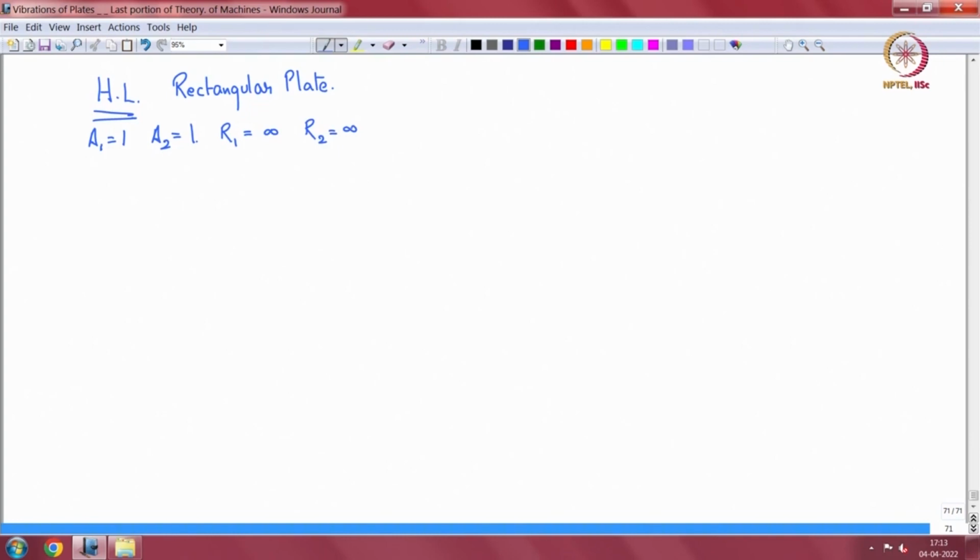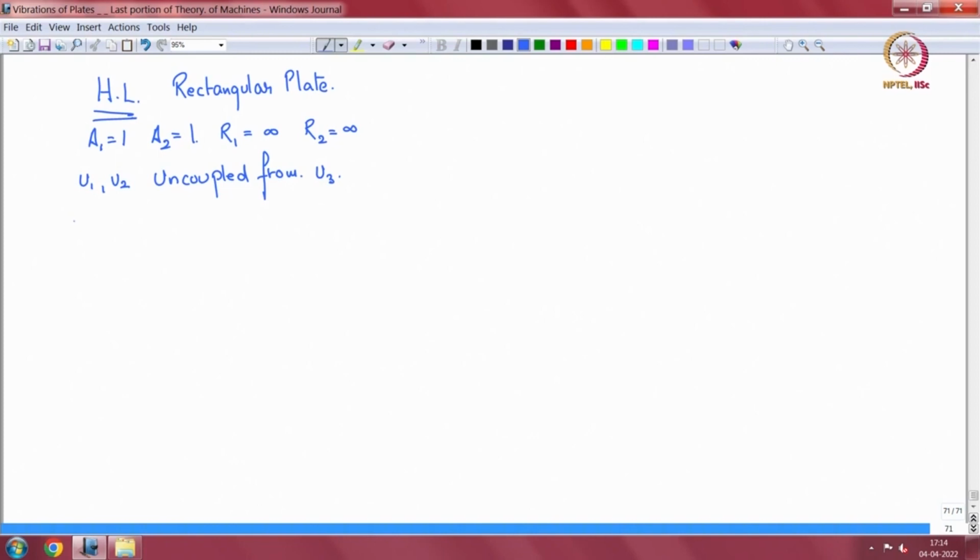So in-plane movement, that is U1 and U2, are uncoupled from U3 motion. So we can derive equations of motion just for U3 using Hamilton's law. We will do that.